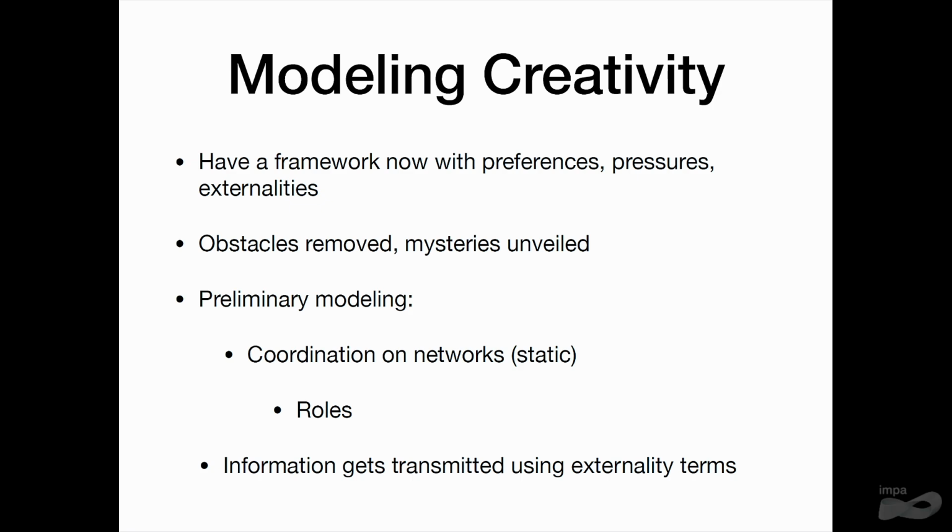Other ideas in preliminary modeling is that, right, in game theory, we think about all of these parameters as payoffs. But in creativity, in music, there's also information being generated and being passed on. So the externality terms we saw are the consequences of actions.